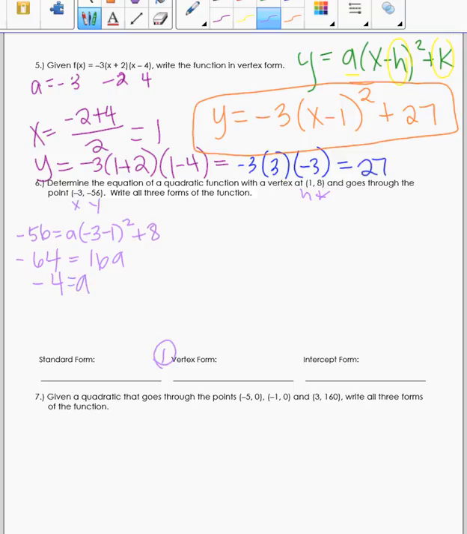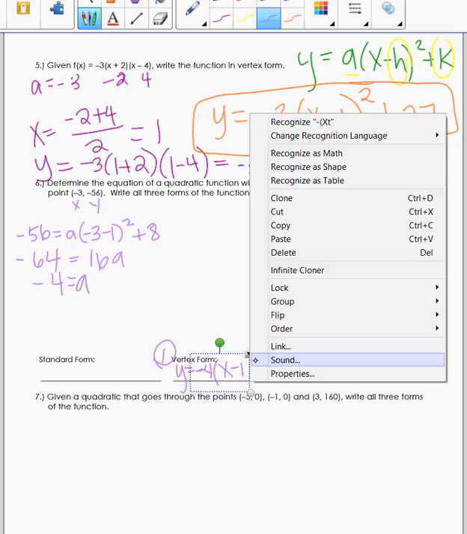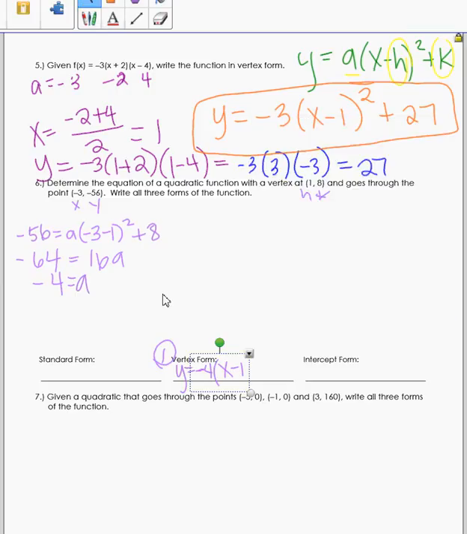So vertex form is y equals -4, should be a negative there, times x minus 1 squared. Oh, today's not my day, guys. Alright, let's try this. Squared. I'm starting to lose it. Squared, I'm back, sorry guys.